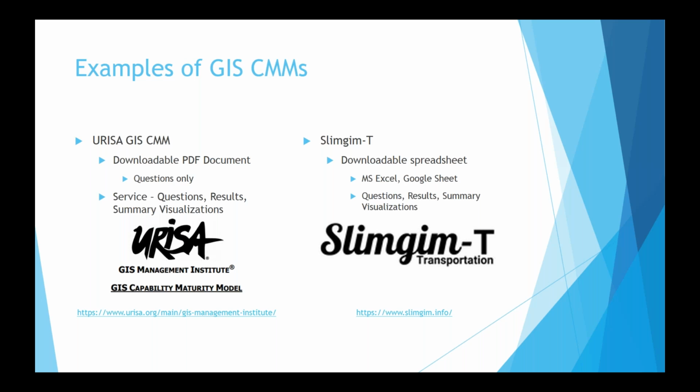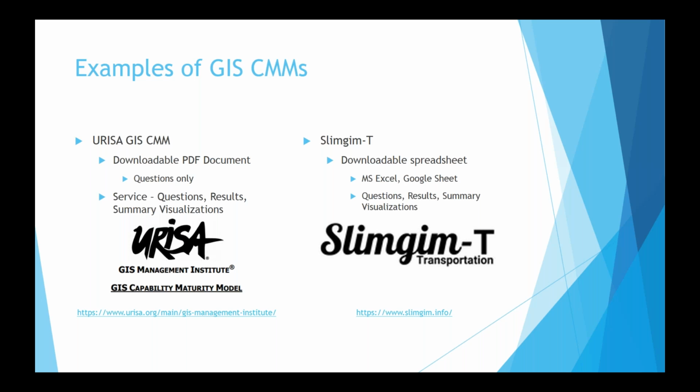It's essentially a web form. They'll take the results and provide summary visualizations. They'll store all of the results that come out of the questions that you ask, so Esri offers that service in addition to the tool itself.